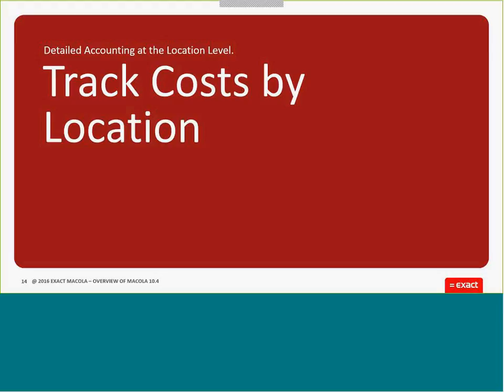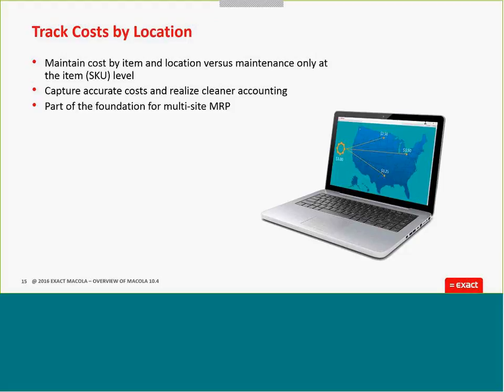And it's the ability now to track your standard cost by location. So previously you could only maintain your standard cost at an item level, but now we've added that location level in there, so your standards can be maintained and rolled by location.